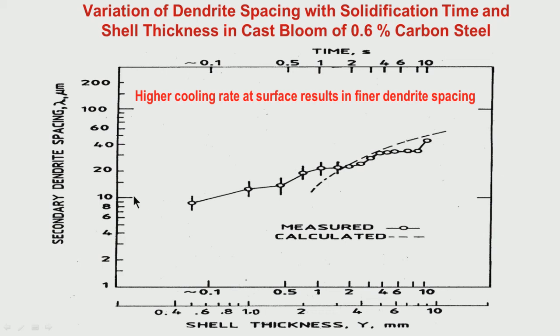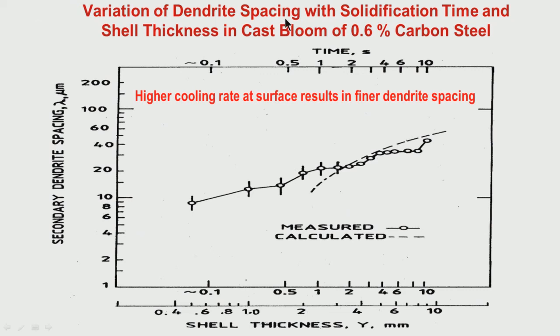You see this is a log scale. At the surface, dendrites are quite fine, 10 micron in size, and at a depth of say 10 millimeter, that means after a solidification time of 10 seconds, it is increasing to as high as 50 to 60 micron.